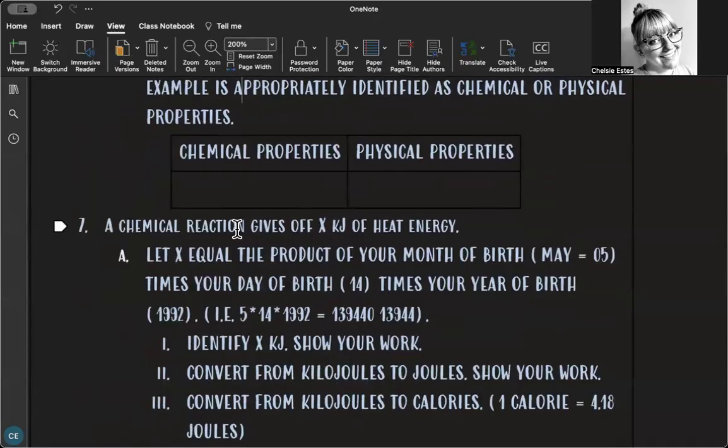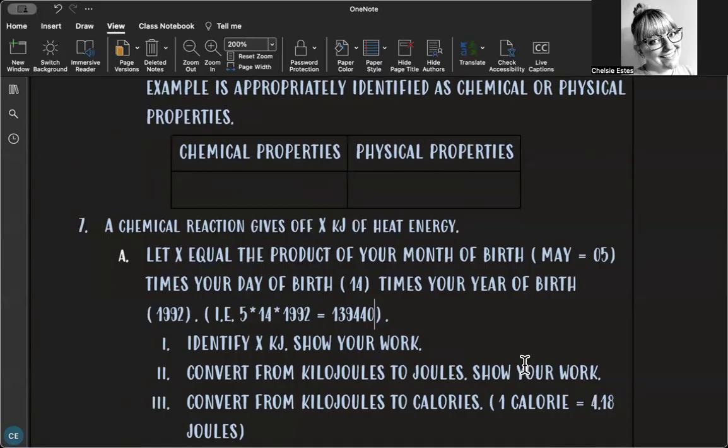A chemical reaction gives off X kilojoules of heat energy. Let X equal the product of your month of birth times your day of birth times your year of birth. So I use mine as example. Mine got up to 139,440.